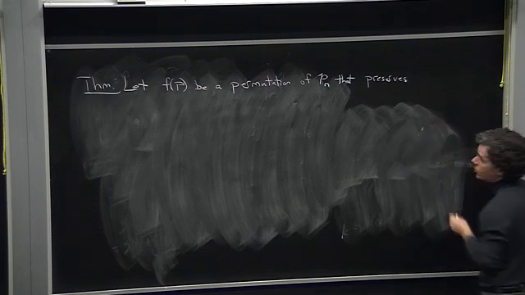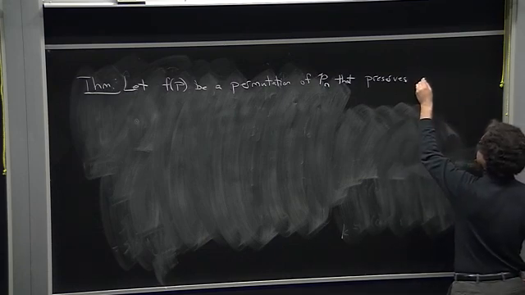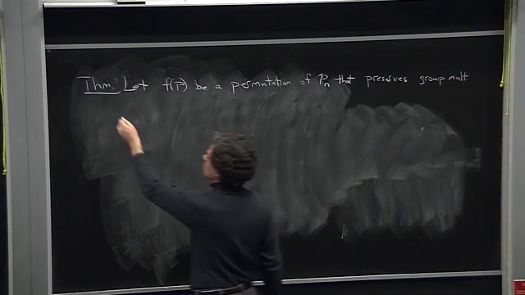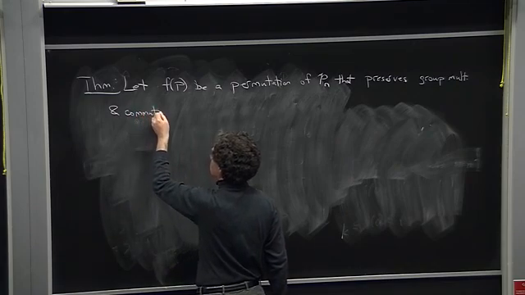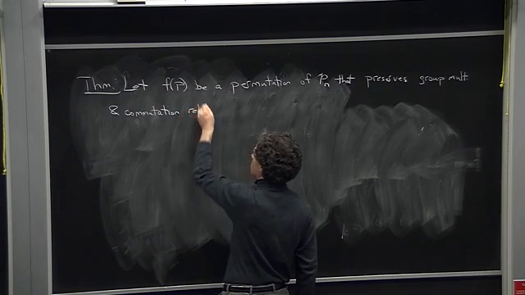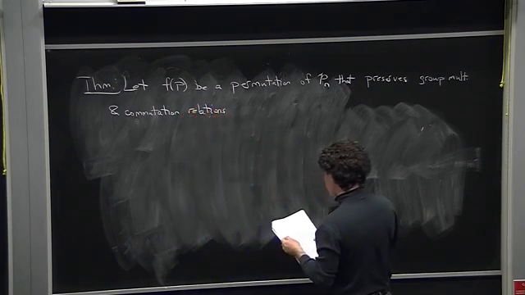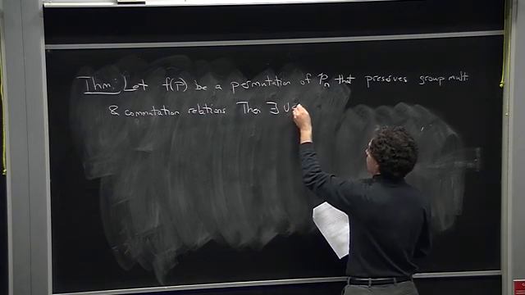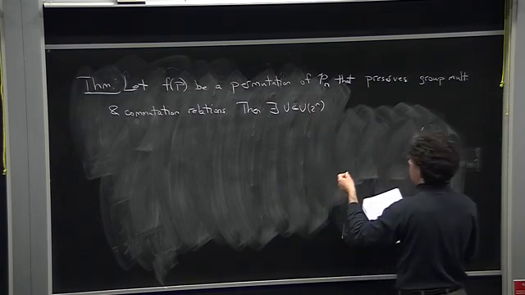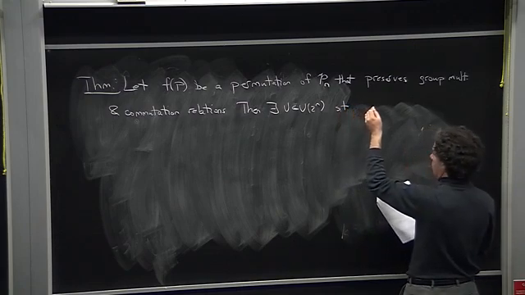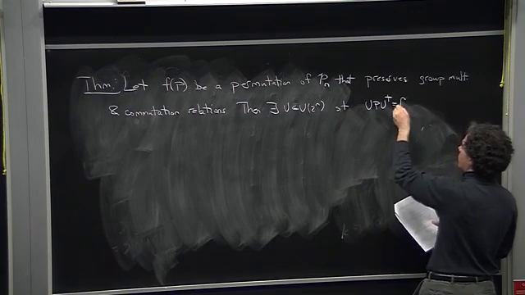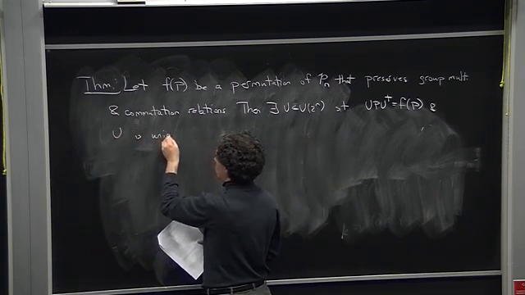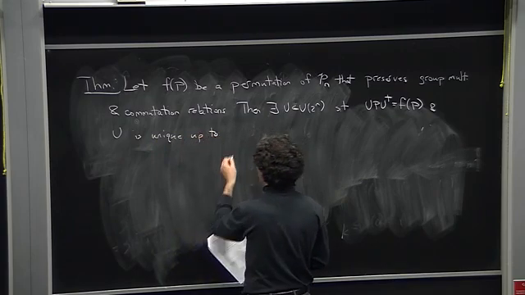Well, okay. So for us it also has to preserve multiplication. So it's an automorphism. Then there exists some unitary U such that U P U dagger is equal to F of P, and U is unique up to global phase.